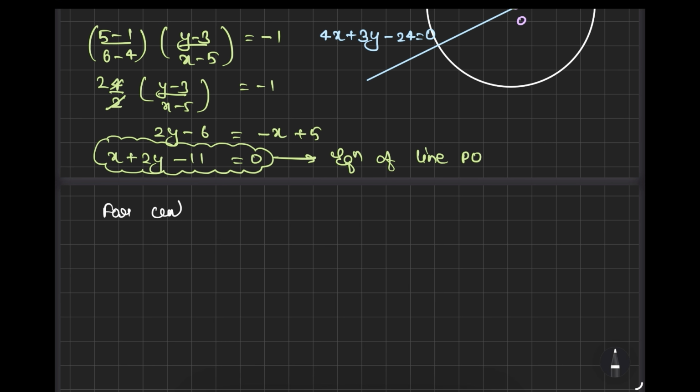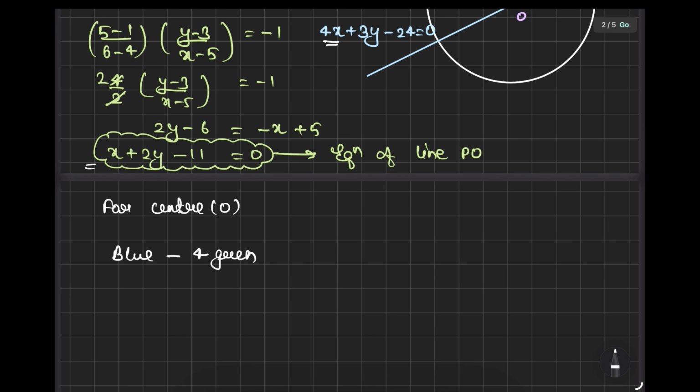Now for the center O, we will solve the green line with the blue line. If you observe, this is 4x, here it is x, so we will make it 4. What I will be doing is blue minus 4 times green. First we copy blue: 4x plus 3y minus 24 equals 0.